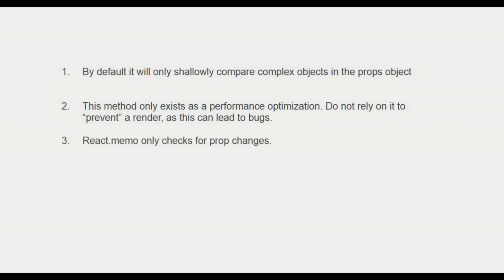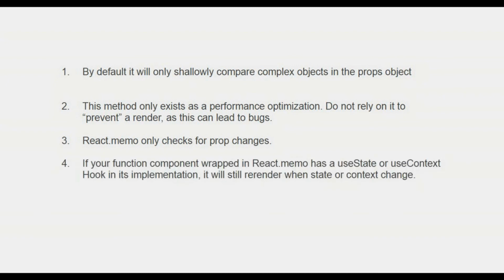For the third one, React.memo only checks for prop changes, as it is only going to be used for functional components. Although if your function component wrapped in React.memo has a useState or useContext hook in its implementation, it will still render when state or context change.